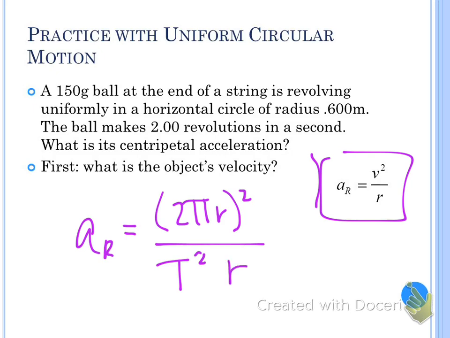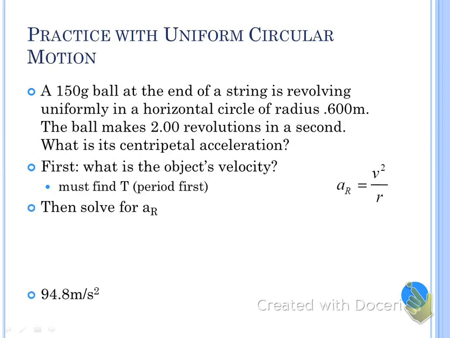If you want to do that. You do not have to, but you can combine that into one if you don't want to solve for velocity by itself first. That's up to you. Okay, let's try another one here.